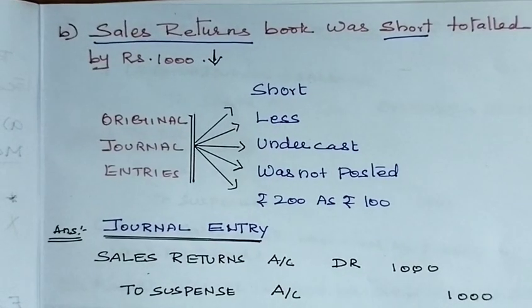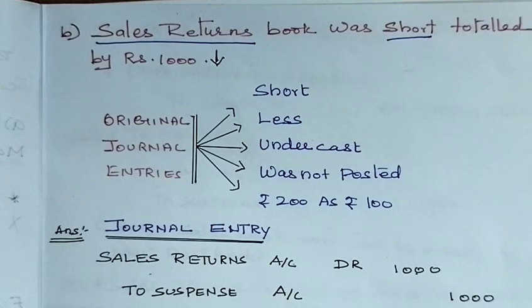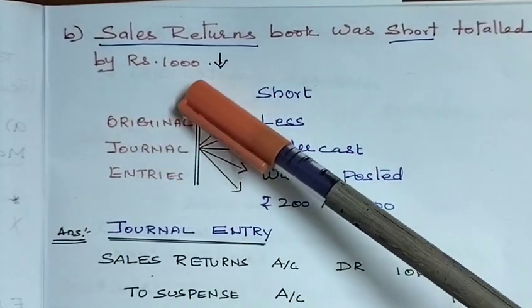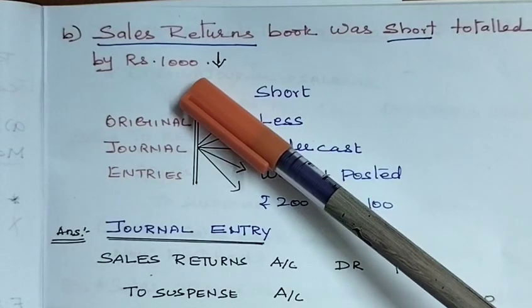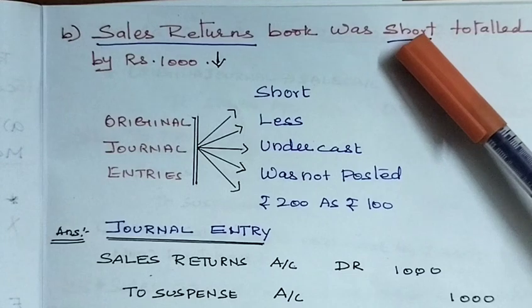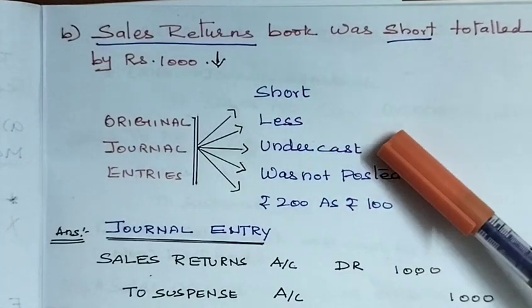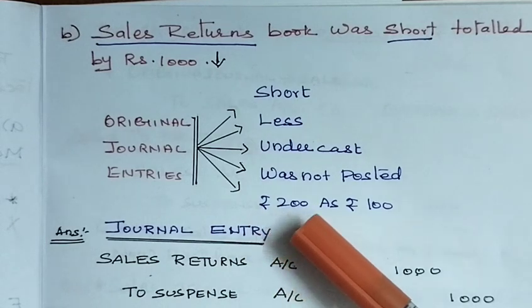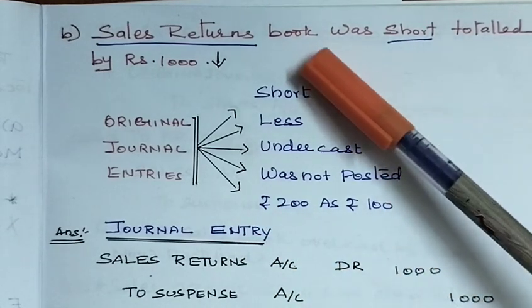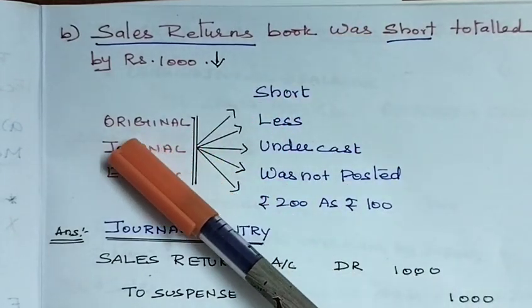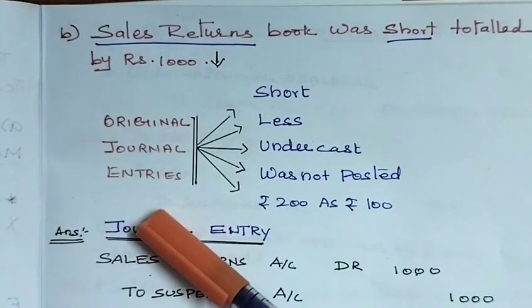The next transaction is: sales returns book was short totaled by rupees 1000. Whenever you see short, less, or undercast, it means the amount was not posted fully. Whenever you see such a word in the transaction, you have to follow the original journal entry.